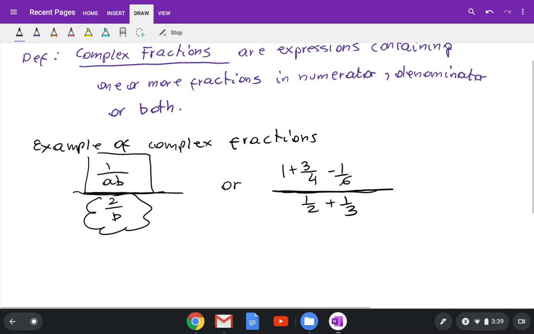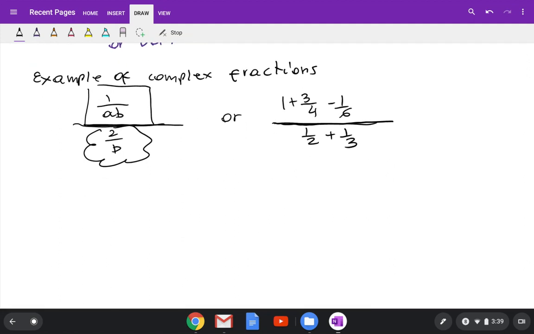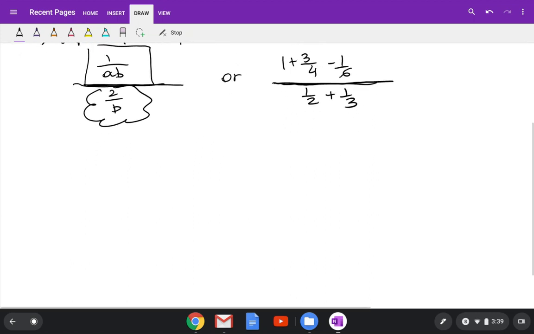So we're going to simplify complex fractions in this section. I'm going to write the steps for you guys when I'm working with examples. Usually my technique to simplify a complex fraction is simplify numerator, simplify denominator, and then simplify the final product.